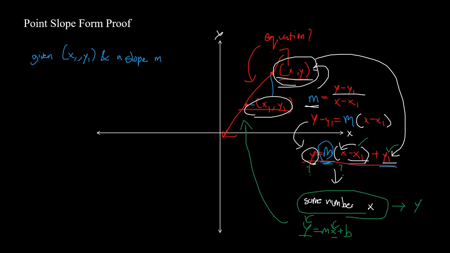Essentially, you can rearrange the equation such that if you plug in a number for x, then you get a number y. And that's pretty much what the function is. So that's my explanation for how this point can turn into this equation. I hope it was clear. That's pretty much everything for point slope form.